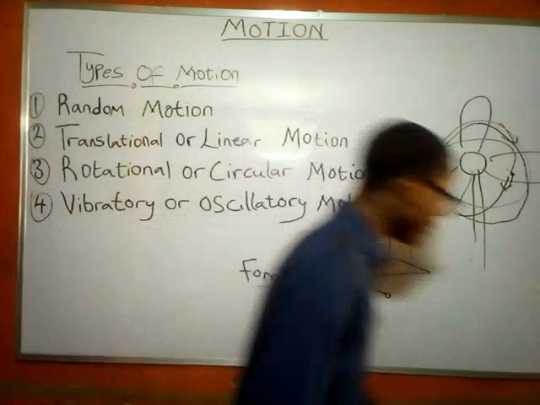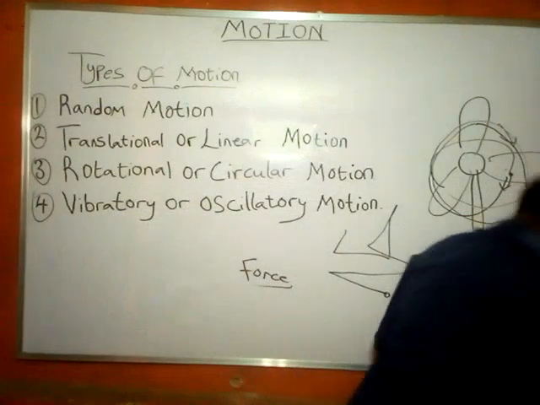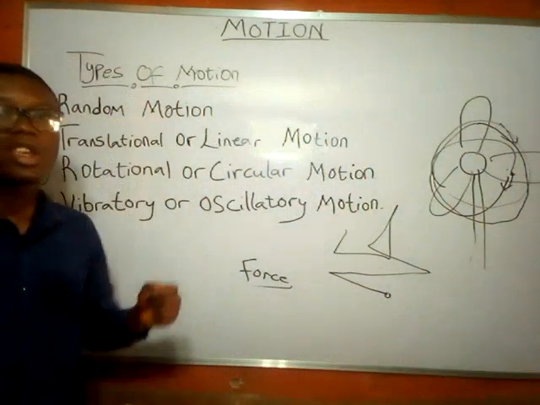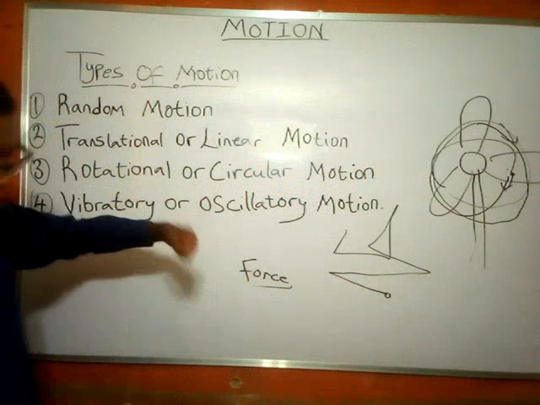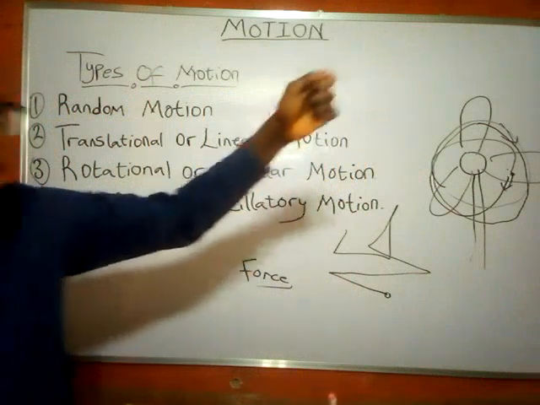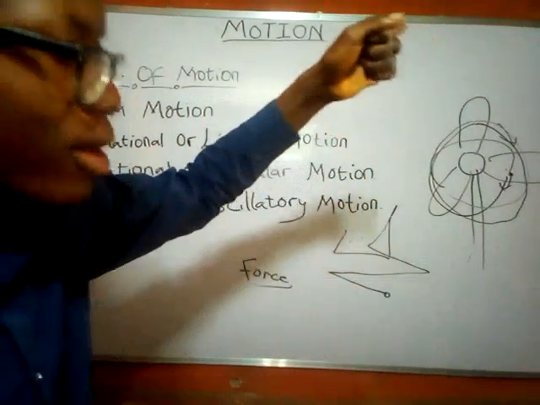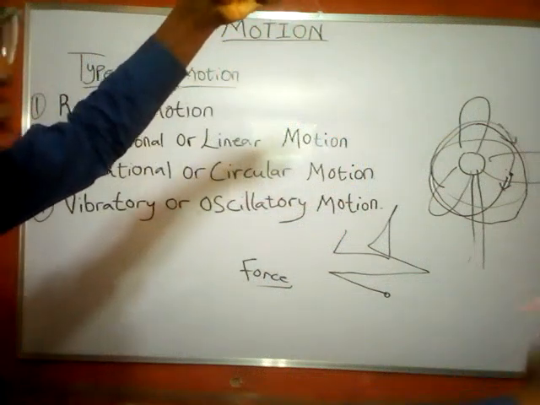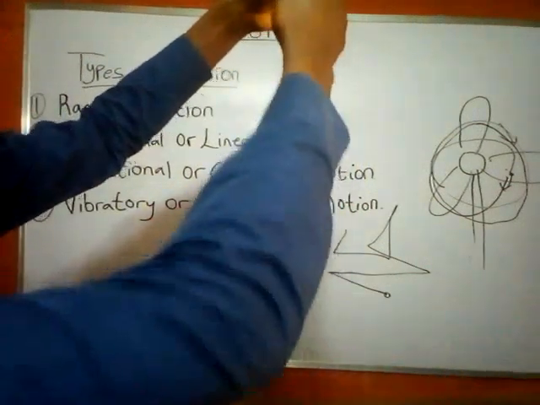An example of this type of motion is the motion of a pendulum bob, a simple pendulum bob, which is a rope and a weight tied underneath. So here we have a simple pendulum bob. If I displace this bob slightly and I release it, this is its original position.